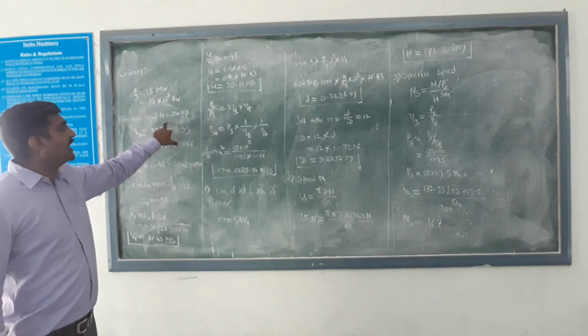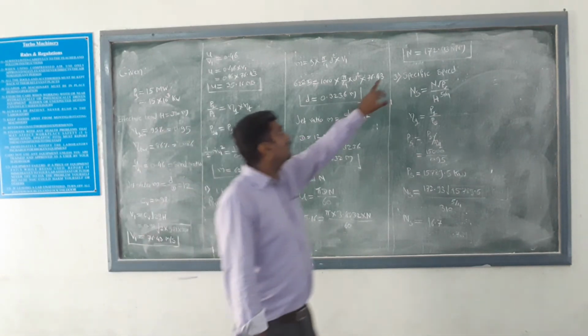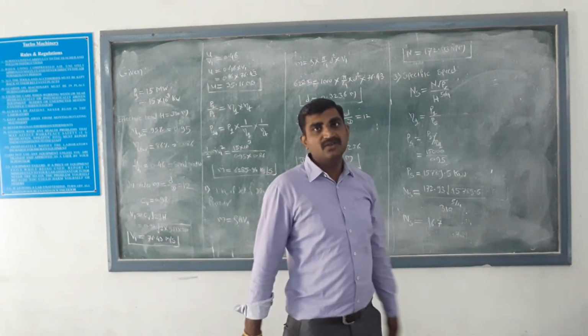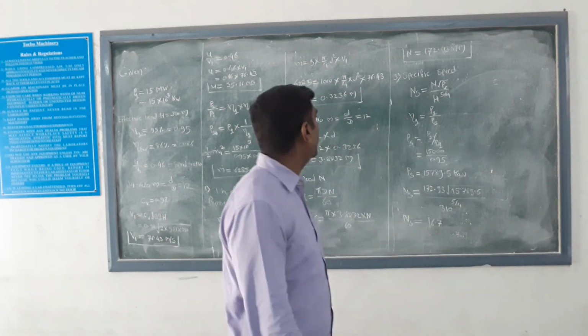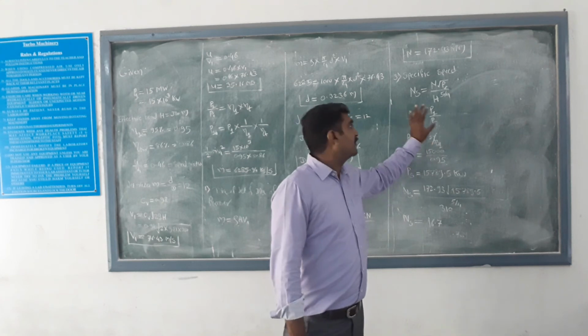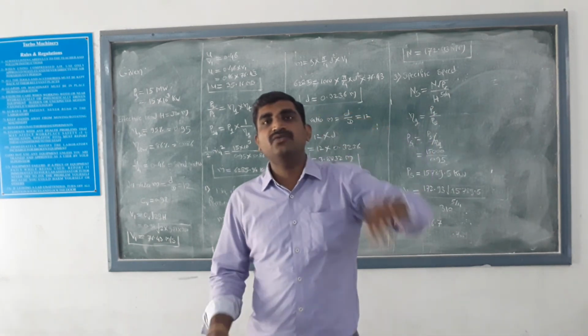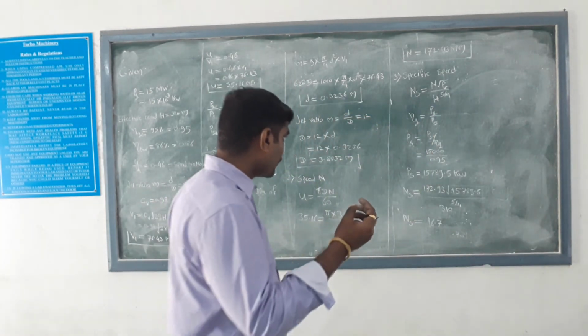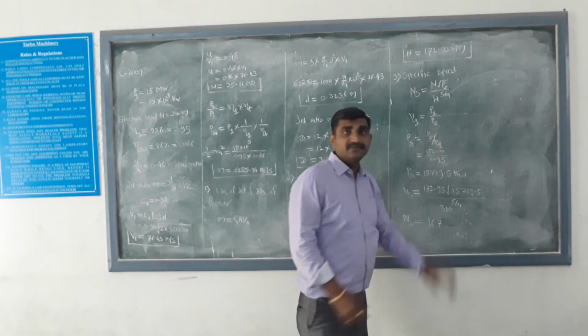First we find shaft power using generator efficiency, which equals generator power upon shaft power.